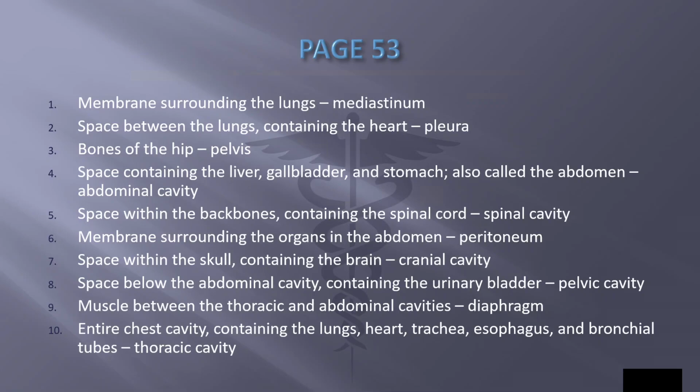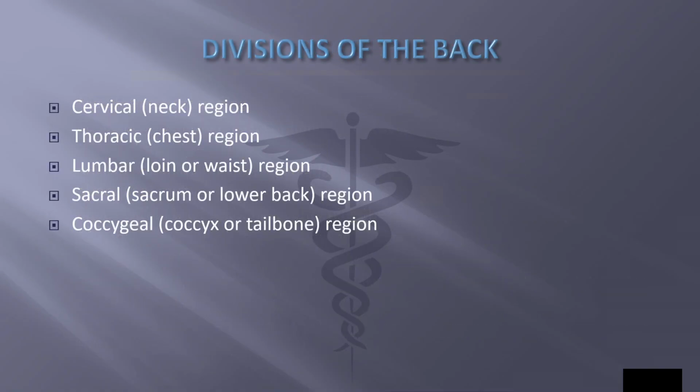Number 9, the muscle between the thoracic and abdominal cavities is the diaphragm. And then lastly, number 10, entire chest cavity containing the lungs, heart, trachea, esophagus, and bronchial tubes is the thoracic cavity. All right, starting on page 54, we have divisions of the back.